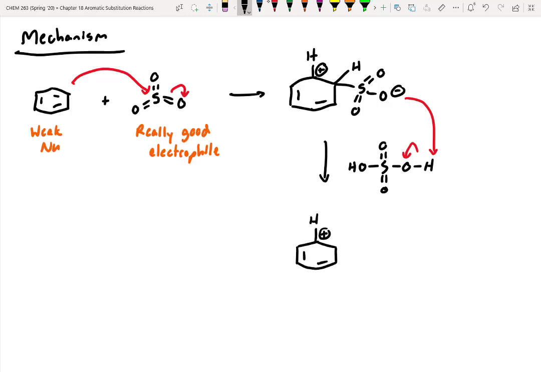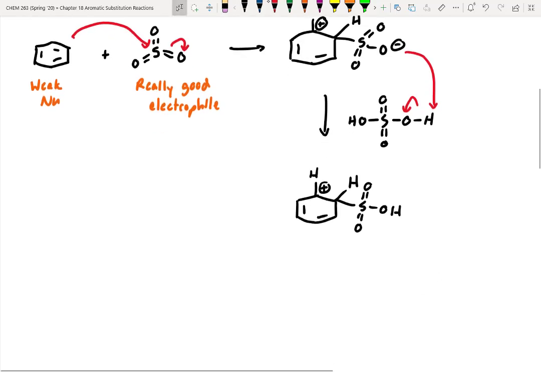We still have this positive charge here. Now we've got our sulfonic acid group protonated. And then next, what we have is the conjugate base participating in the reaction where we restore aromaticity.